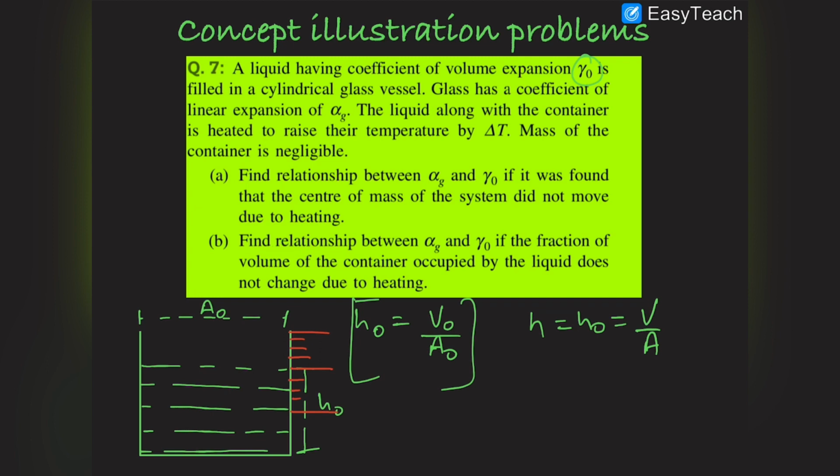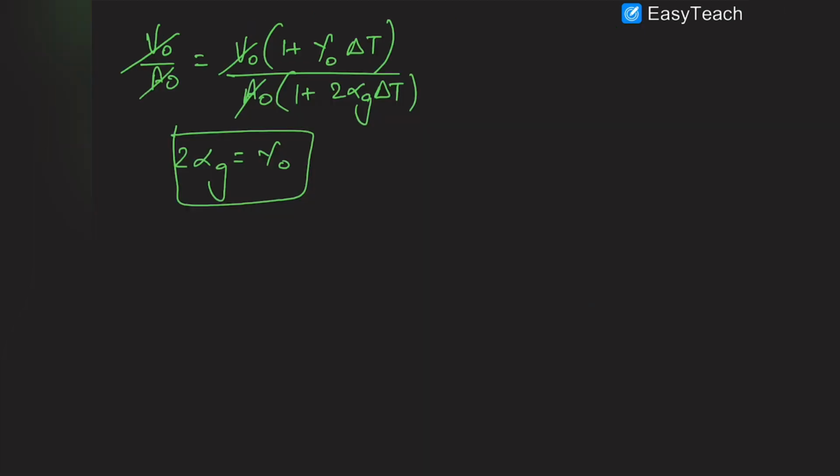If this relation holds true, then the height of the center of mass will remain the same. Now we have to find the relationship between alpha g and gamma naught if the fraction of volume of the container occupied by the liquid does not change due to heating. Let's suppose the initial volume of the liquid is V naught and the total volume of the container is V total.